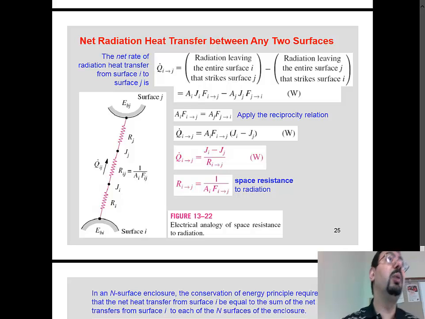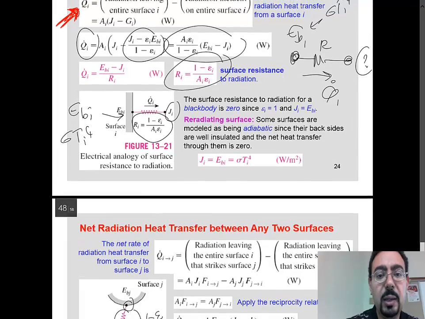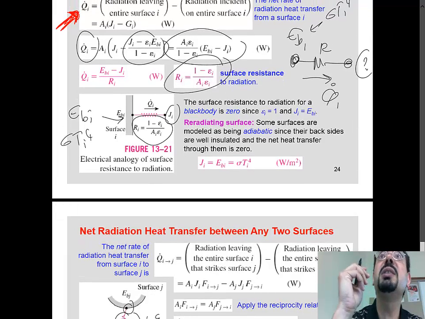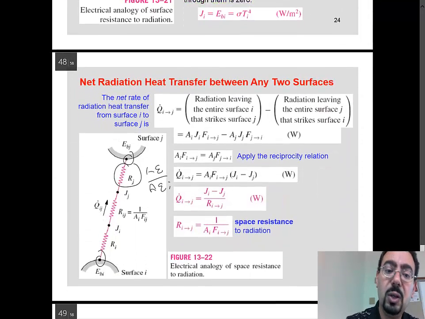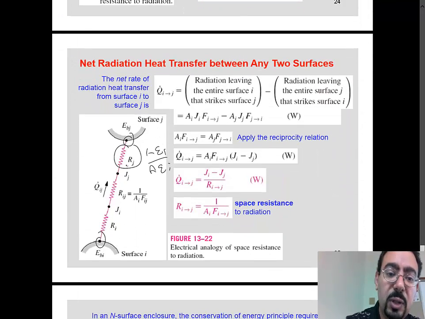So again, now when you have two bodies radiating to each other, you'll have EB1, EB2. You have the surface resistance of surface 1, which would be what? (1 minus epsilon I) over (AI epsilon I), right? Just like this guy. So (1 minus epsilon 1) over (A1 epsilon 1), and this guy (1 minus epsilon 2) over (A2 epsilon 2).